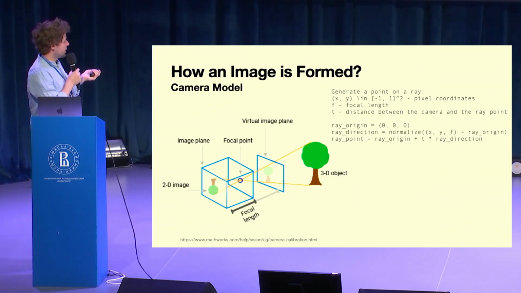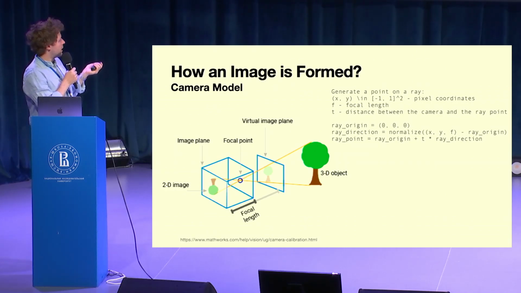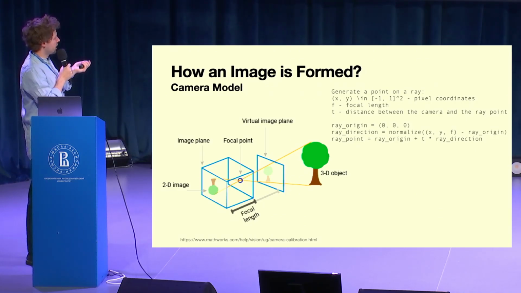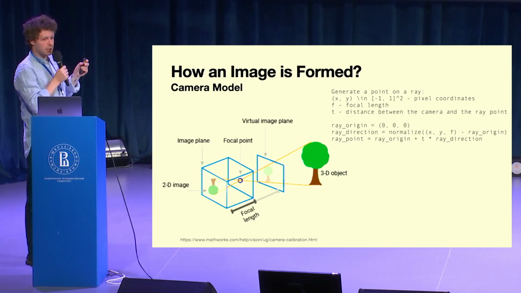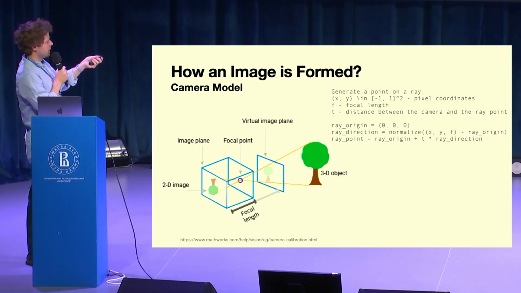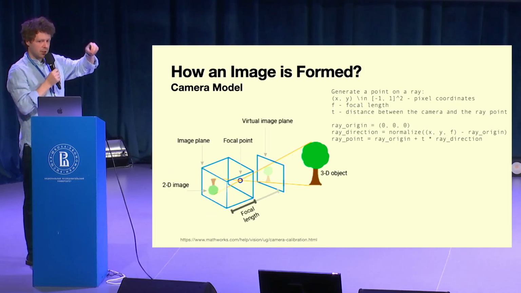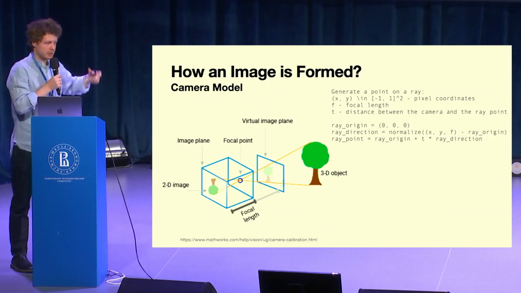So in order to generate a point on a ray, we take the ray origin, which will be the position of the pinhole. And we'll compute the ray direction. The ray direction is essentially the difference between the ray origin, the pinhole position, and the position of a pixel. The position of a pixel is x, y, positions on a plane, and also f, the distance between the origin and the other plane.